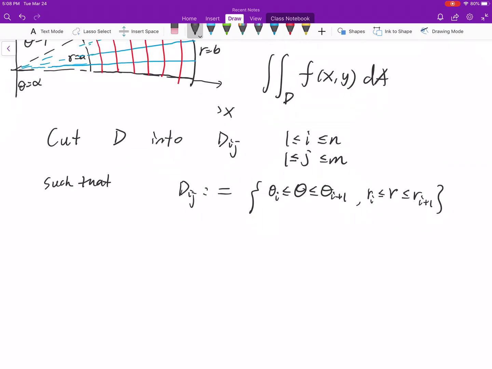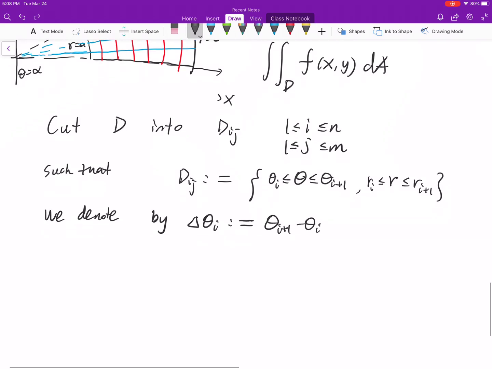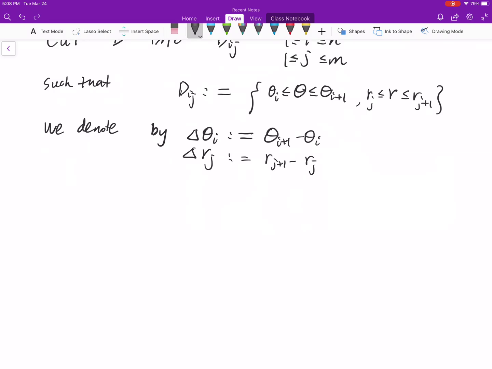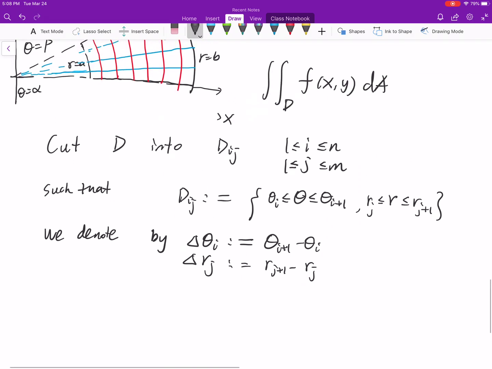For simplicity, we denote by delta theta i the difference between adjacent theta coordinates, and delta Rj the difference between adjacent R coordinates of the small curved rectangle.